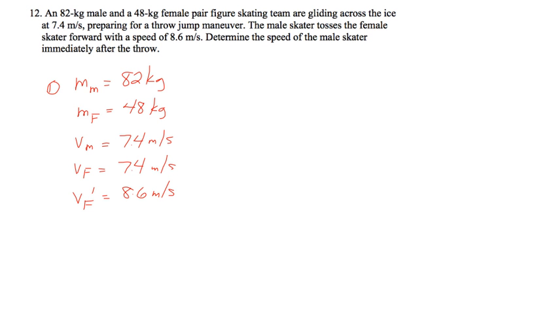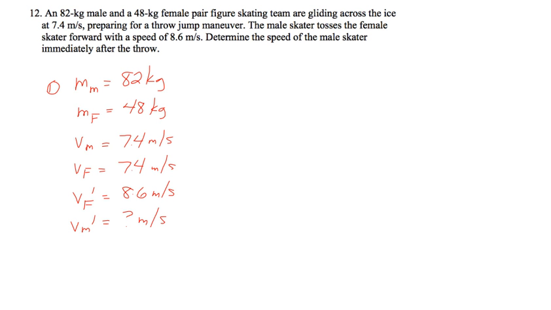If the female is gaining velocity, meaning she is gaining momentum, the male has to lose momentum. So we have the velocity of the male after he throws the female. That's our unknown. So those are your facts.